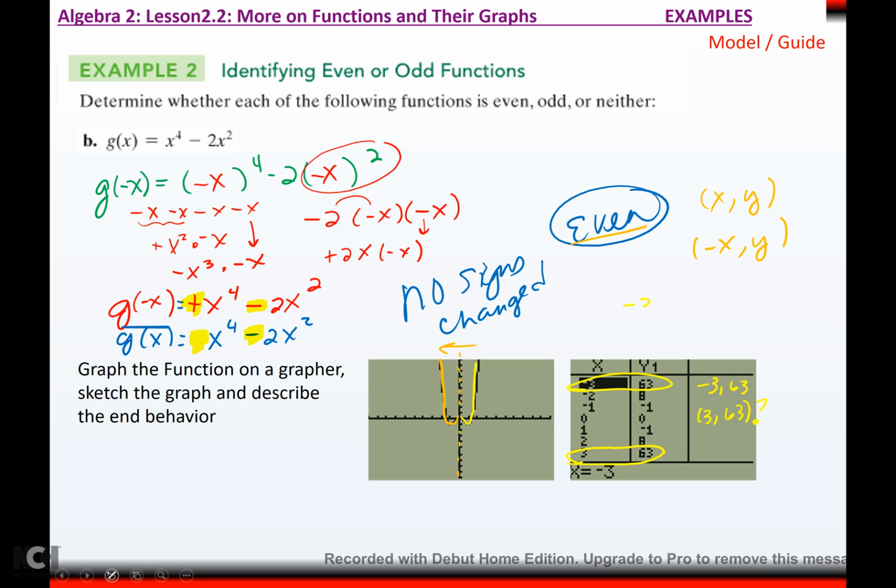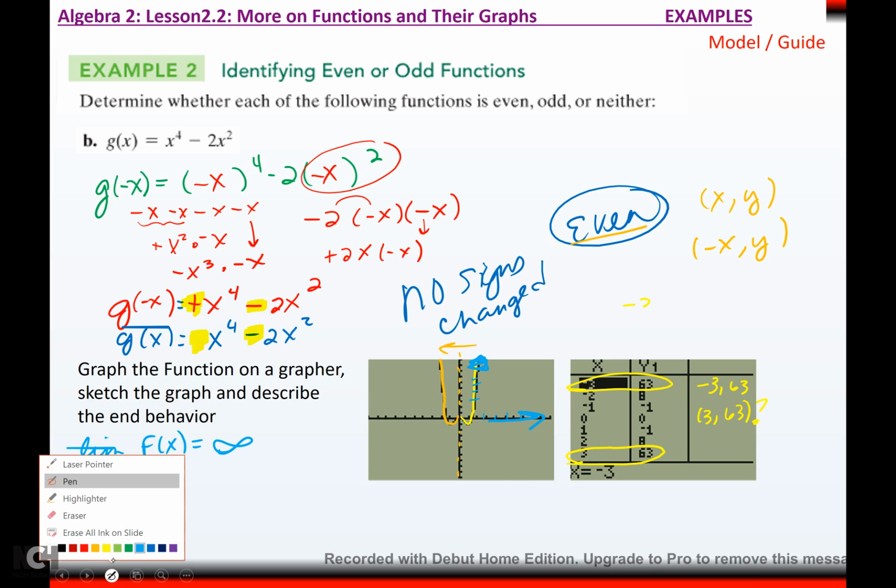And then they want me to describe my end behavior. Well, if I look at my graph, when I go to the right, this arrow's pointing up, which says the limit as x approaches infinity, the function approaches infinity. As I pick bigger and bigger x's to plug in, I get bigger and bigger y's.